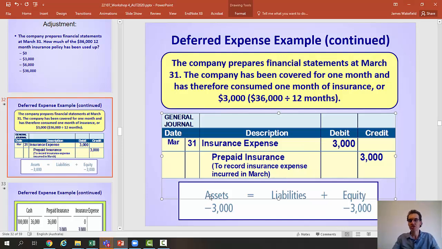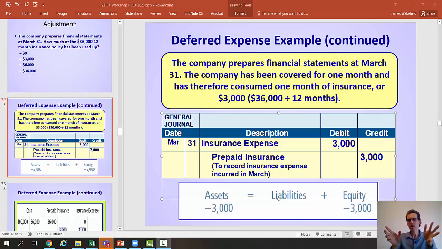So notice that this adjusting entry still results in the accounting equation balancing. We have reduced our asset value by $3,000, and we have also reduced the value of the business through incurring an expense and recording the expense by $3,000. So both sides reduced by $3,000.